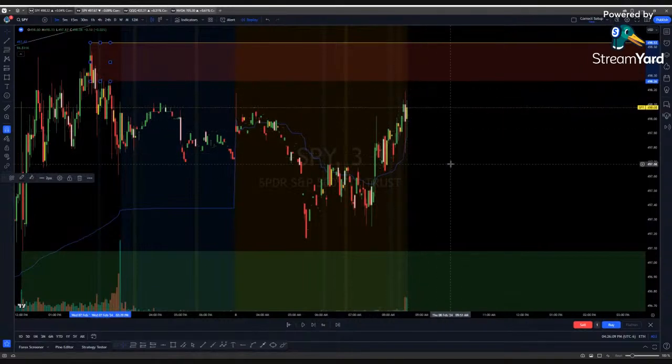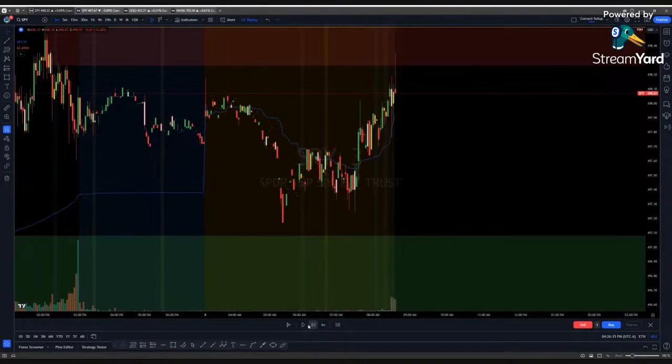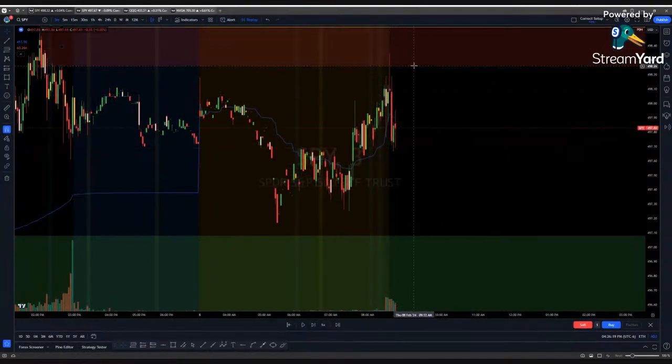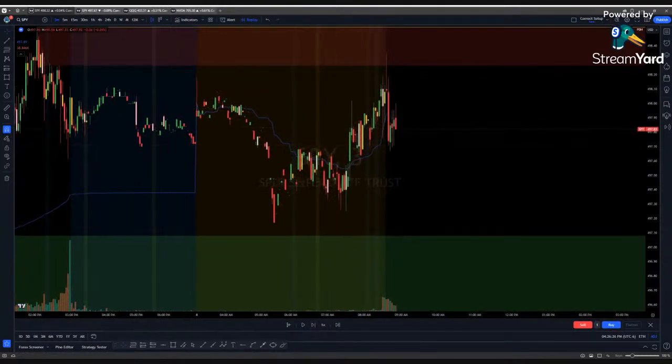However, we did not enter any trades at this area just yet. So we waited, we kept waiting, right? And that was a nice move if you did take that, that was beautiful. But we added into the short position around, I'm not too sure, let me double check the time frame here.